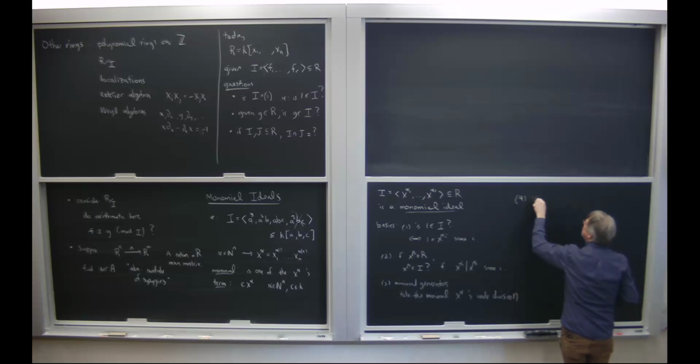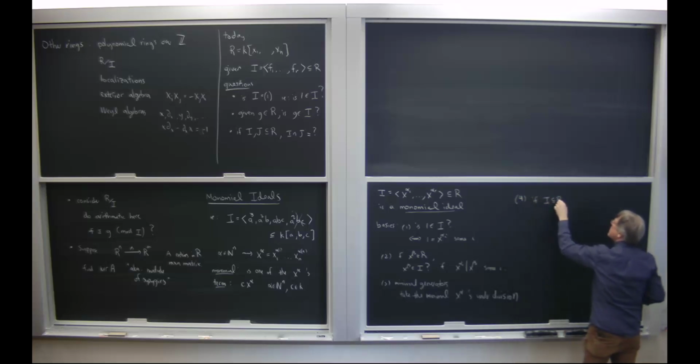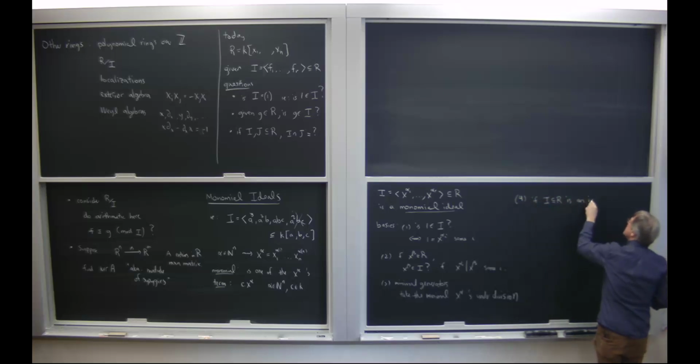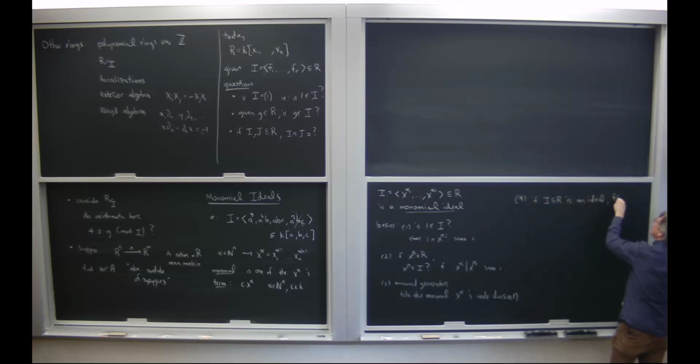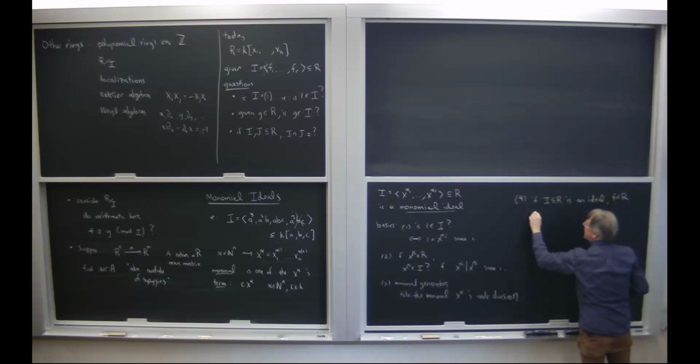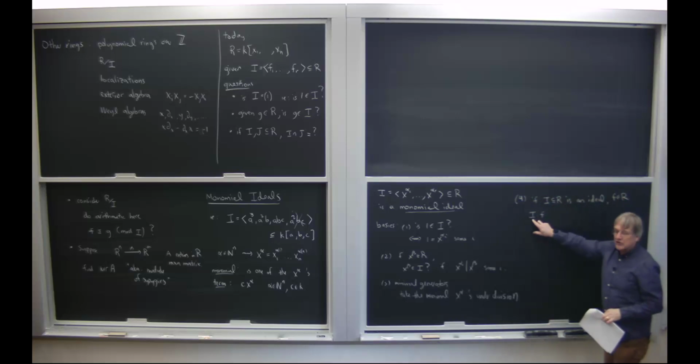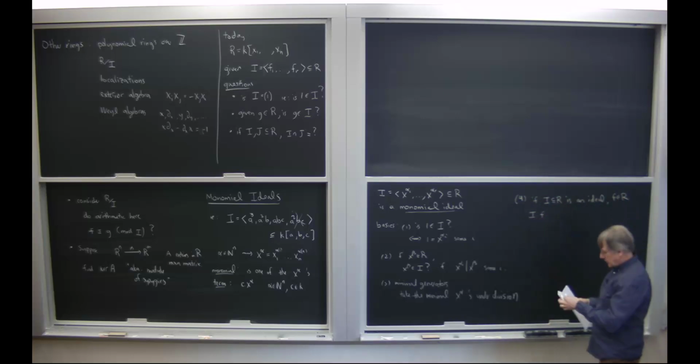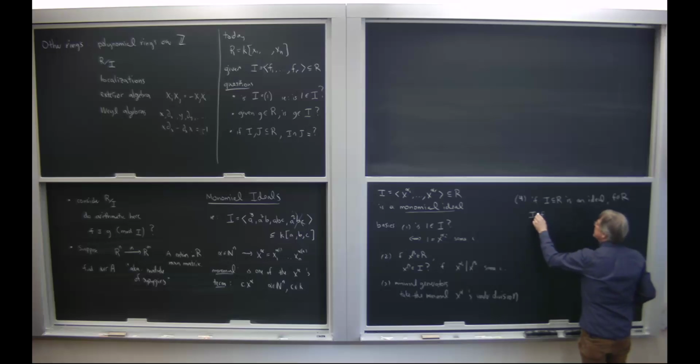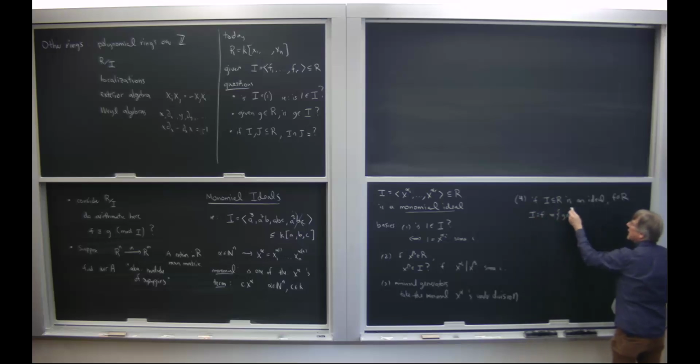So if I is an ideal, and F is an element of R, then there's the ideal quotient, I colon F, which is called a colon ideal sometimes, or a quotient ideal. It's called all sorts of things. But what is it? This is equal to the set of all polynomials G in R, or actually this is true for any commutative ring also, such that G times F is in I.